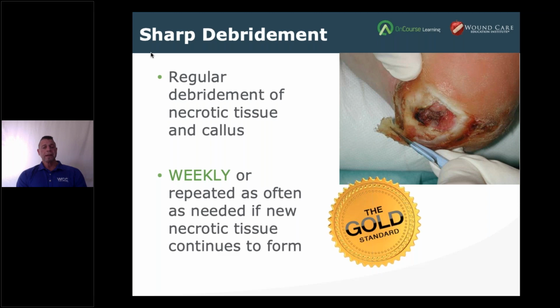That is why commonly it is considered to be the gold standard debridement technique, especially with diabetics, because we need to remove that dead tissue as quickly as we can, and we need to shave and pare that callus off of that peri wound. It may need to be done weekly or even more often, or repeated as new necrotic tissue can form in the wound or callus can build up when they're not, again, effectively offloading.